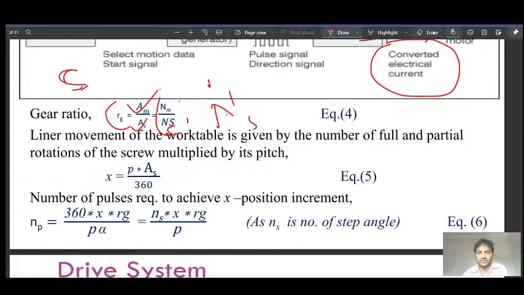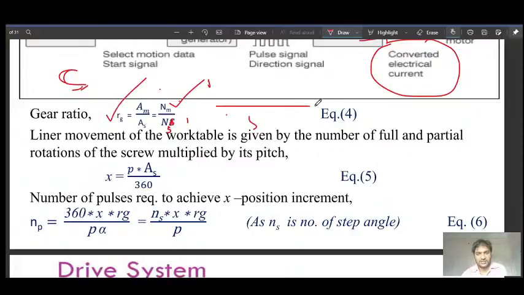It should be like this. Okay, so here it is the revolutions, the RPM of the motor divided by the RPM of the lead screw. So that we also use in gear ratio.